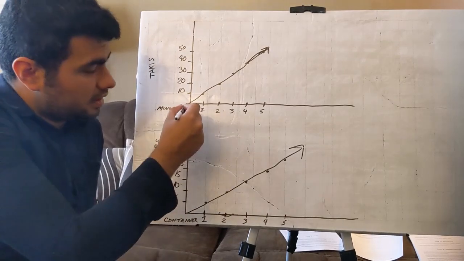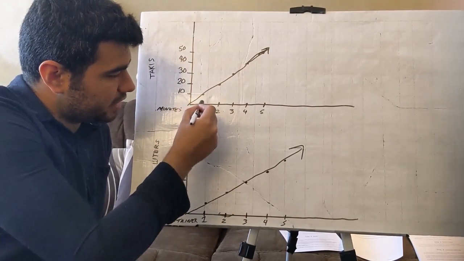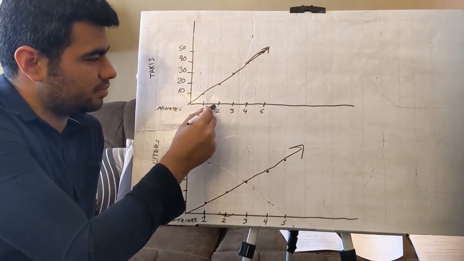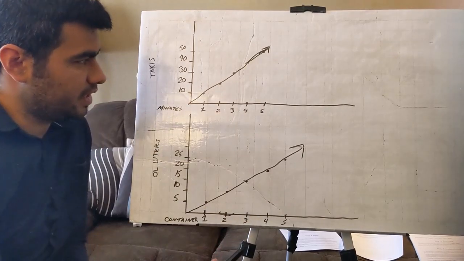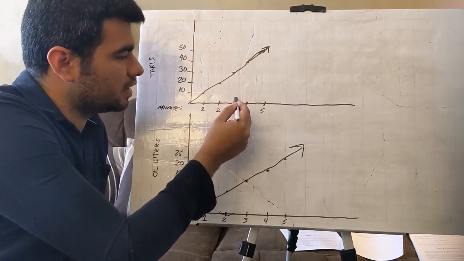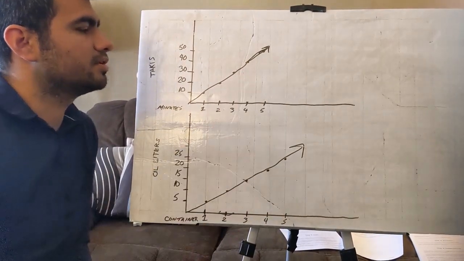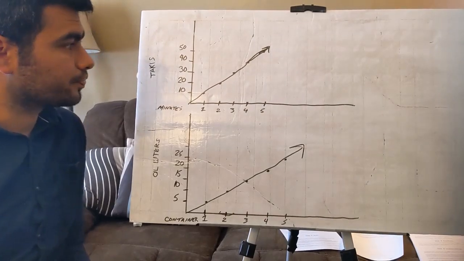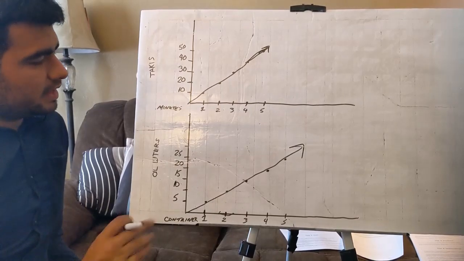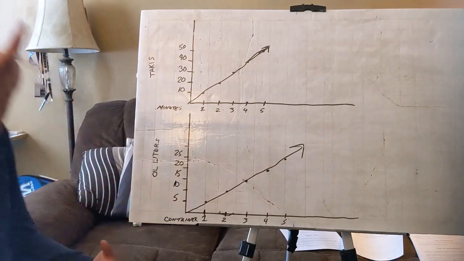Now I'm noticing that 1 minute passes by here and it goes up by 10. Another minute passes by and it goes up by another 10. So far it does seem proportional. I go over another minute, it goes up another 10, another minute goes up another 10, another minute goes up another 10. So cool, we have something to work with here. Since it's increasing by 10, that's going to be my focus.